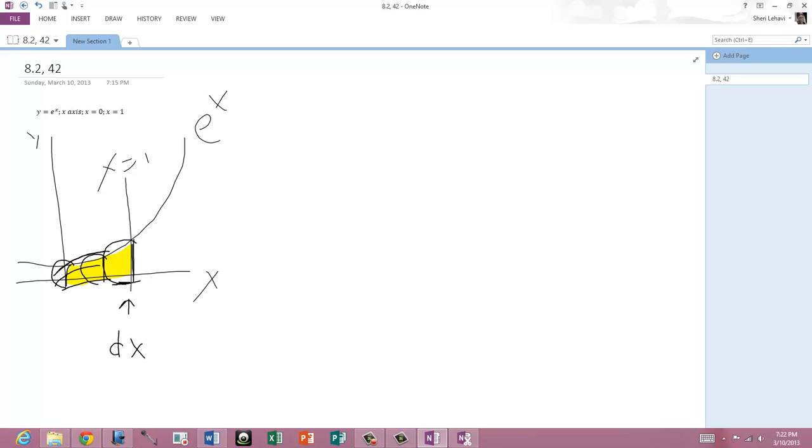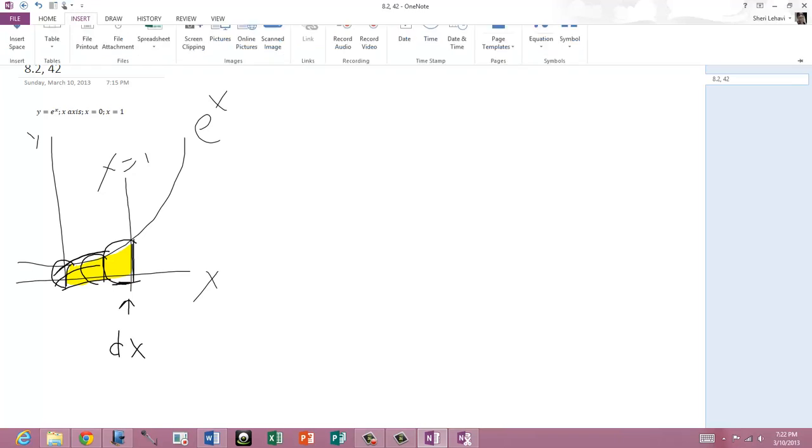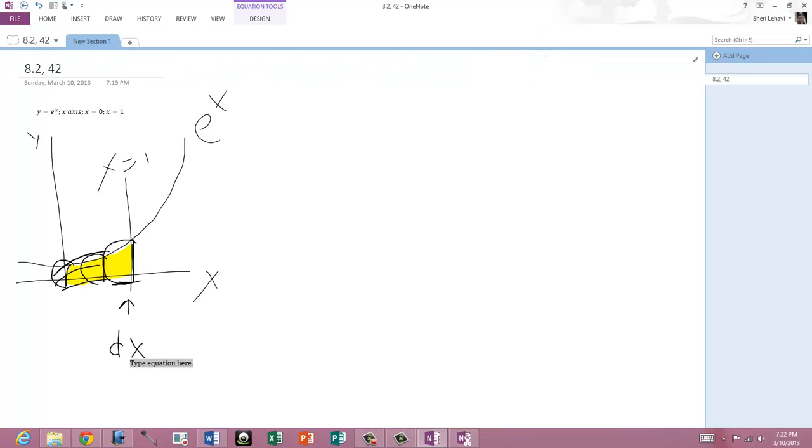And each one is going to have a little volume, where it's the area of the half circle times its thickness dx. Although the size of the half circles change, there's going to be a pattern because I can explain exactly what's happening to the radius of each half circle as I move from x equals 0 to x equals 1. So in order to find out the volume, I would need to integrate here.